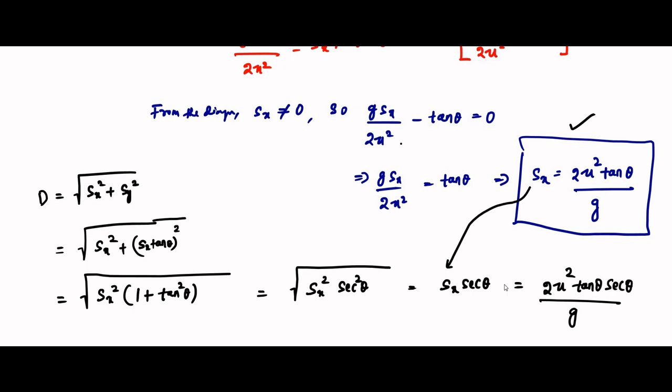This is the expression of the horizontal distance, the net distance in the plane: how far away from the point of projection in the plane the packet or the object falls.